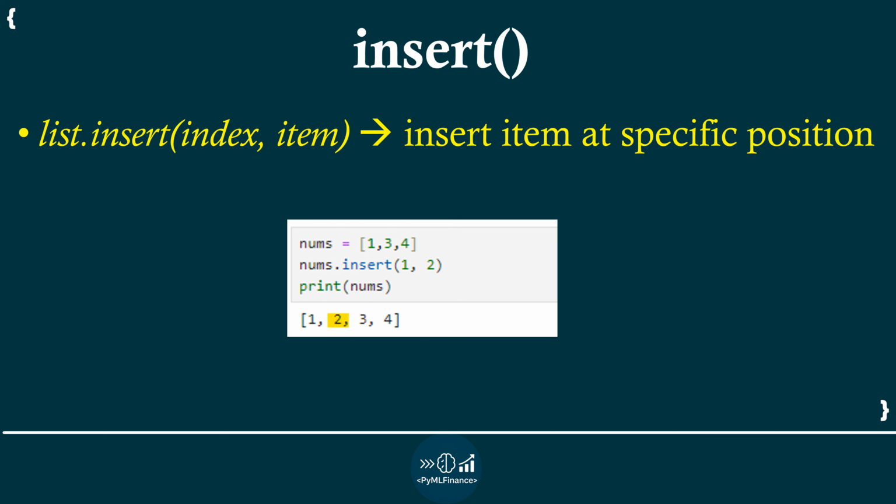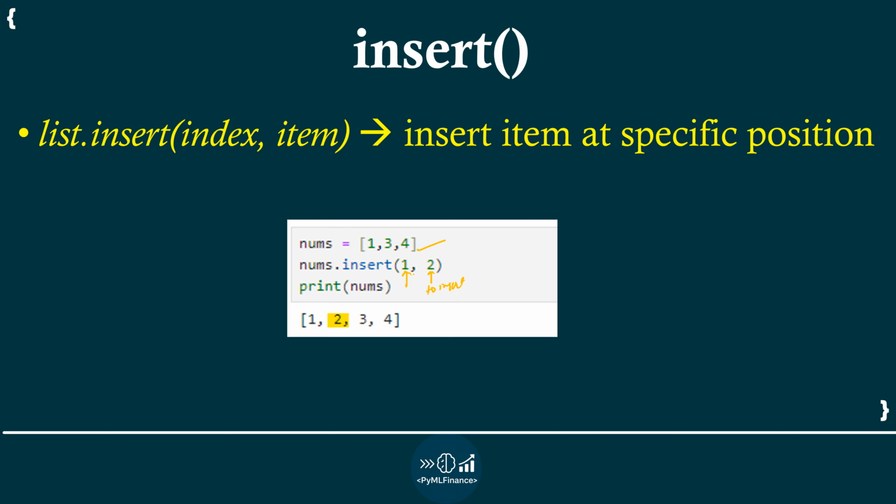Now the next method is the insert method. The insert method lets you place an element exactly where you want, at a specific index. For example, here we have the list nums, and we are trying to insert item 2 at index position 1.